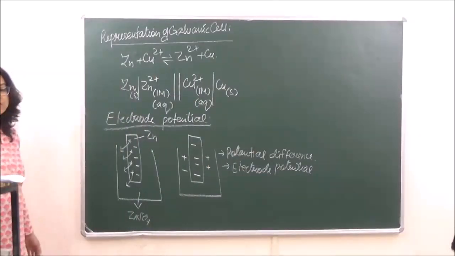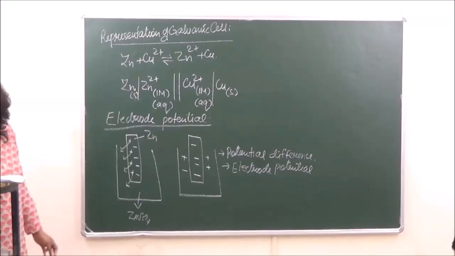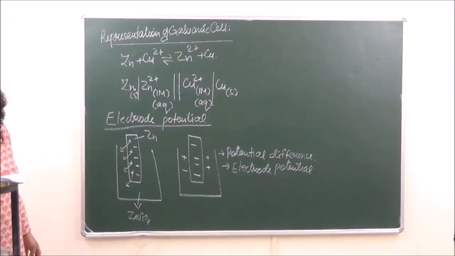So the potential difference which occurs over here, what is it known as? It is known as electrode potential.